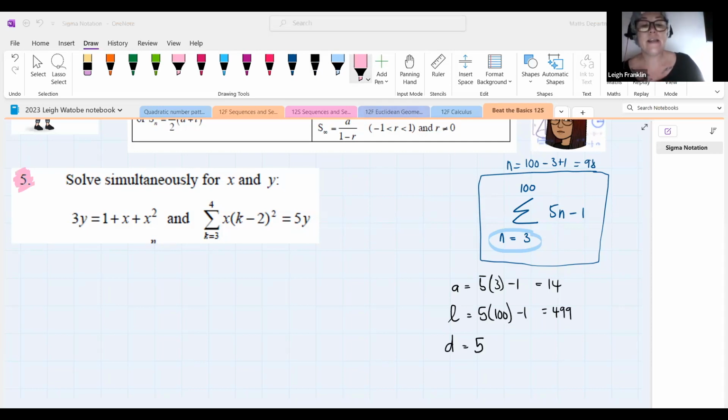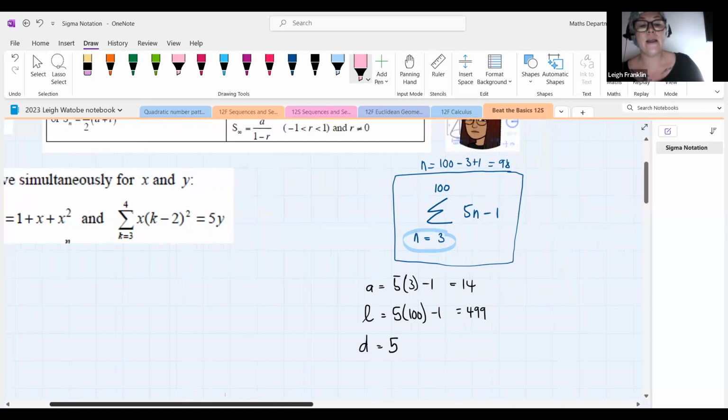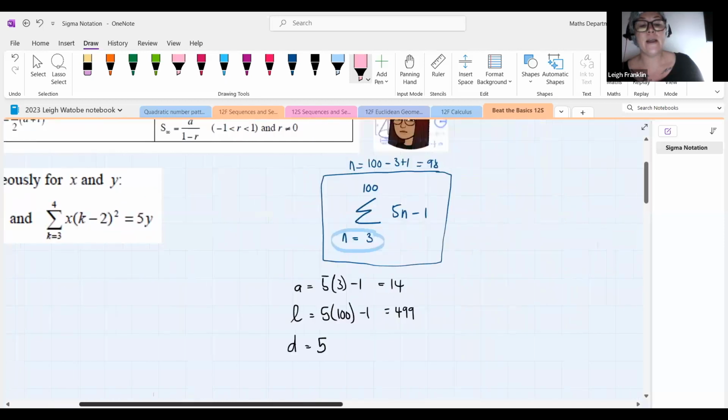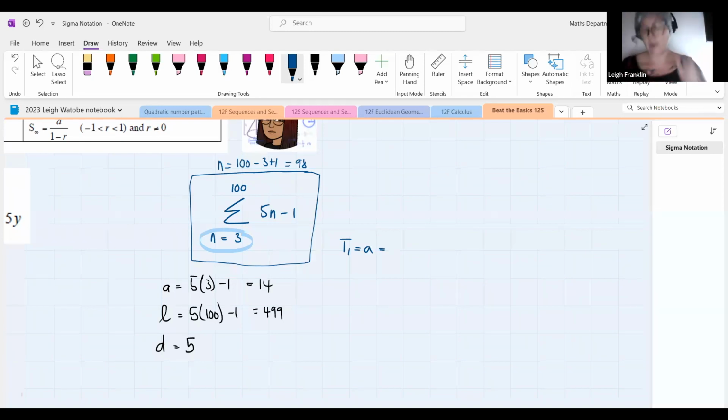Okay. So Lesedi, just very quickly then, let's just get a bit of color. Remember, T1, term 1, is a, right? And we've worked out that it would be 14. So in order to get the difference between these two, we need what term 2 is.